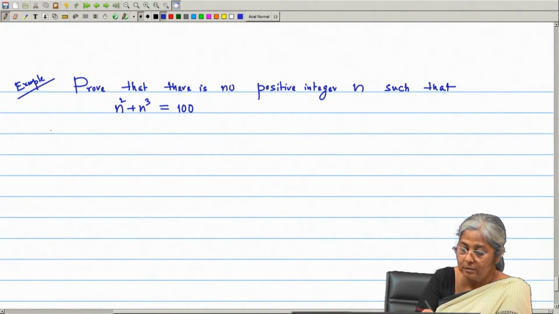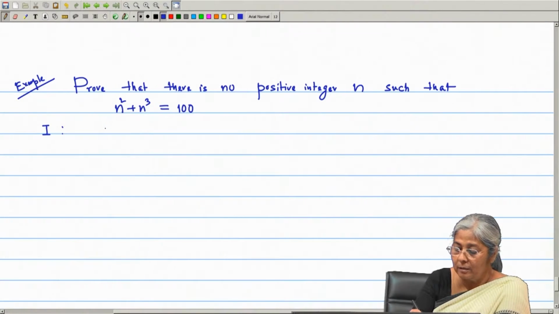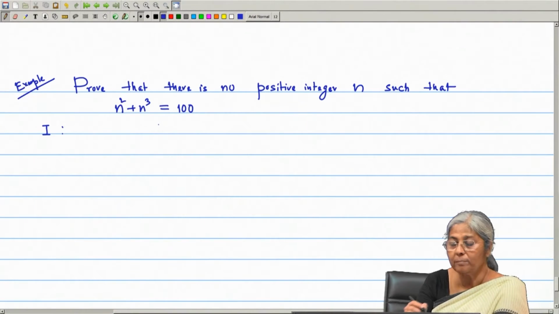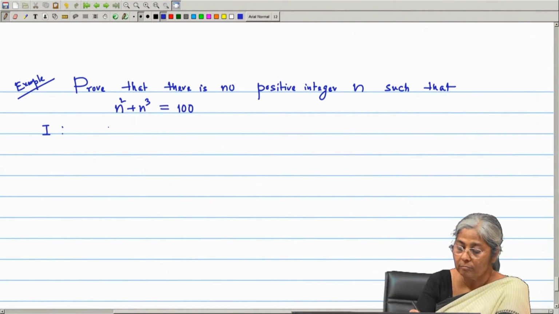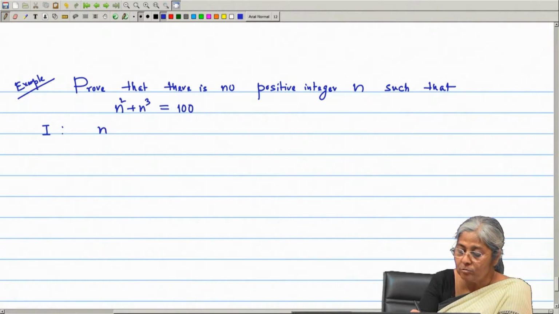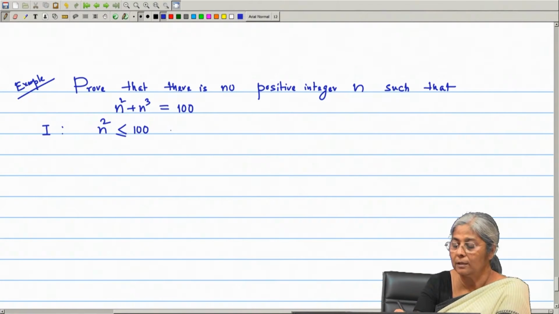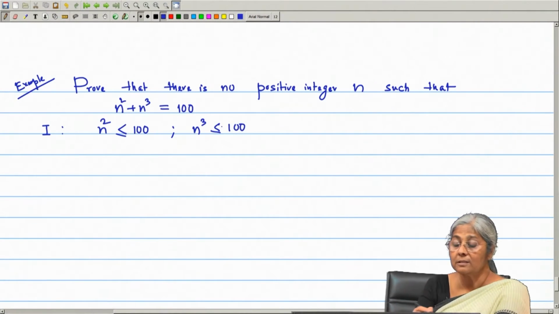So, one way: n square plus n cube equal to 100. If I have two terms on the left hand side and think separately, then n square must be less than or equal to 100 and n cube also must be less than or equal to 100, since the sum of n square plus n cube equal to 100.